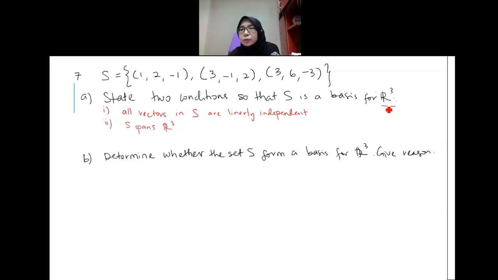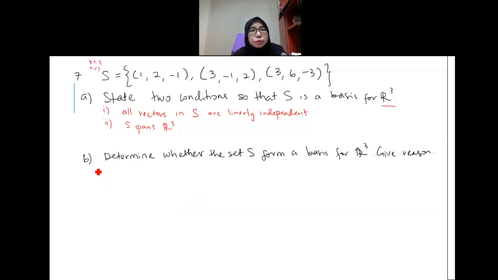Question B, determine whether the set S forms a basis. Here I check that in the set S, the number of vectors is 3, and n, which is R cubed, equals 3. So R equals n, and I know this system will form a square matrix.